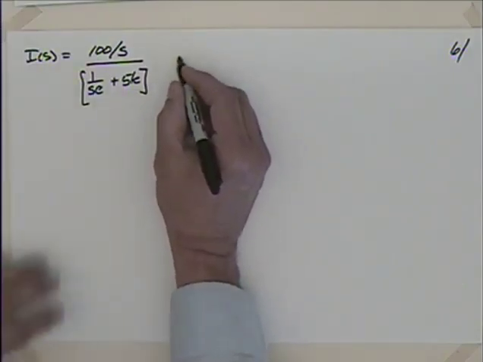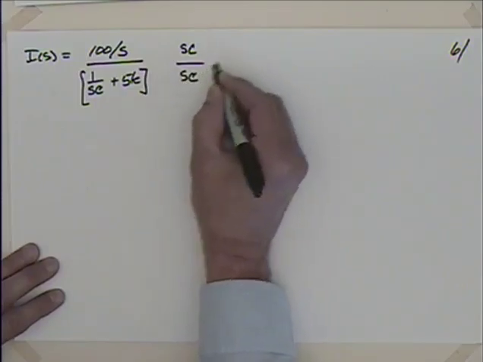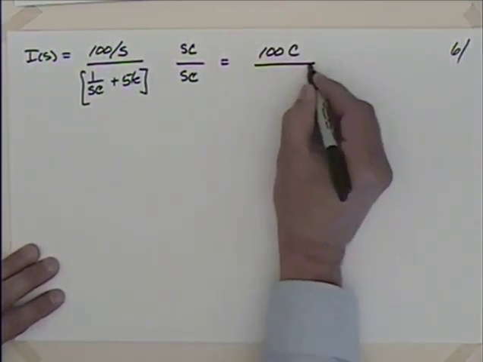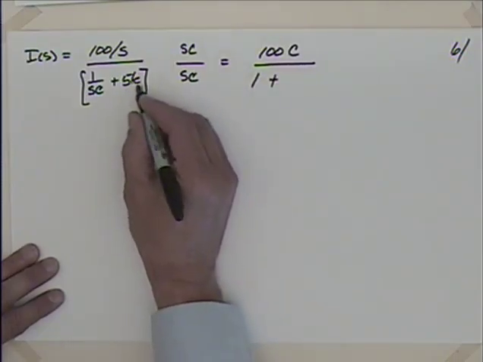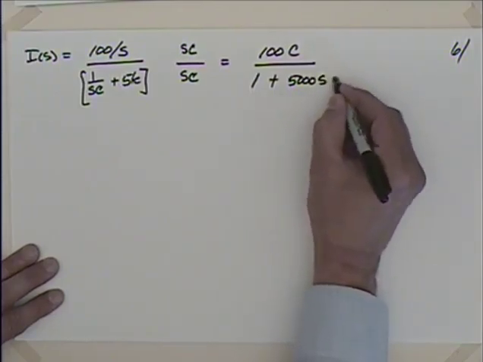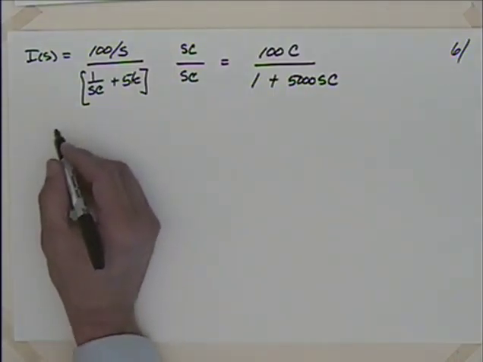So what I think I'll do is multiply top and bottom by SC. When I do that, I come up with 100 C divided by 1 plus 5K, which is 5,000, SC. Okay, so maybe I'll plug my values in.